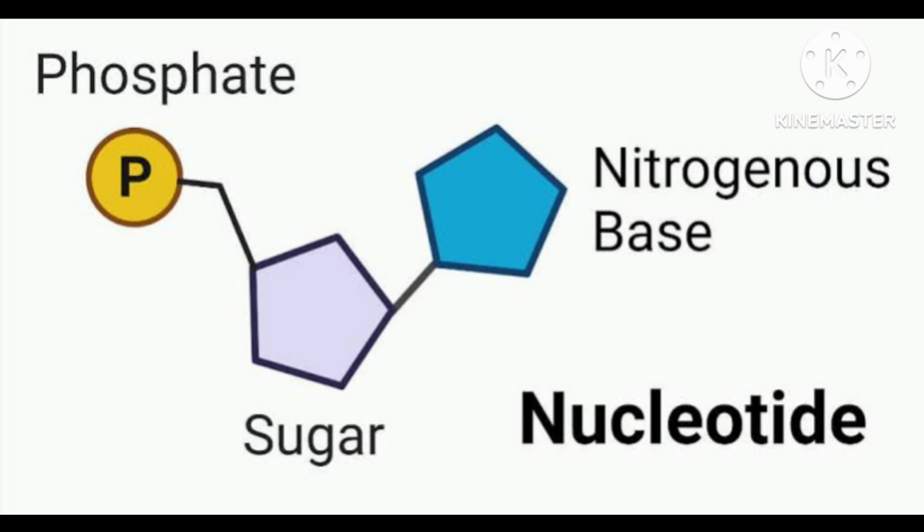In nucleosides, the sugar carbons are numbered as 1, 2, 3, 4, 5, means 1 dash, 2 dash, 3 dash, 4 dash, 5 dash, in order to distinguish these from the bases.